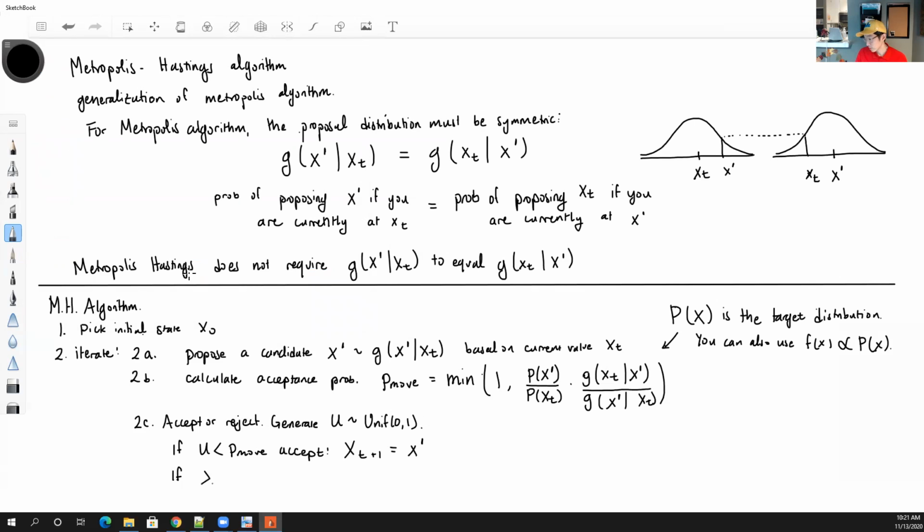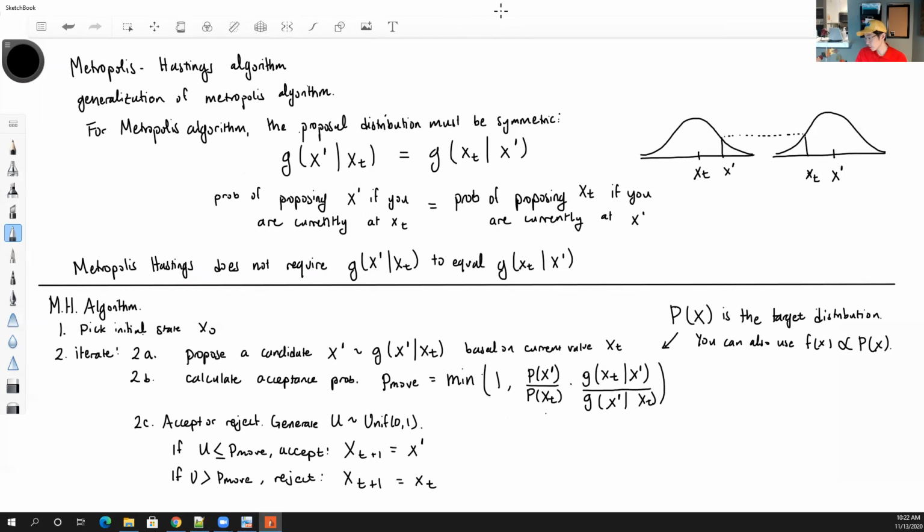And if u is greater than p move, reject: x at time t plus 1 is the current value x at time t. Okay, and then repeat.